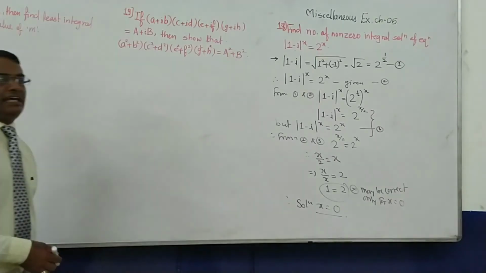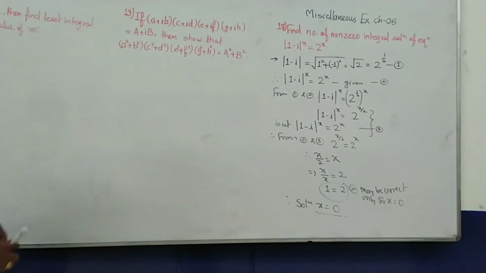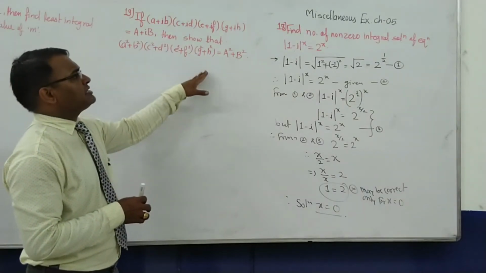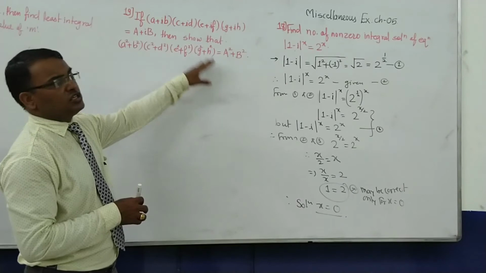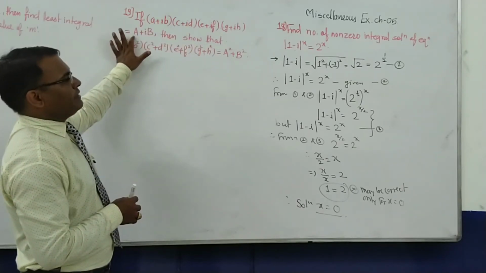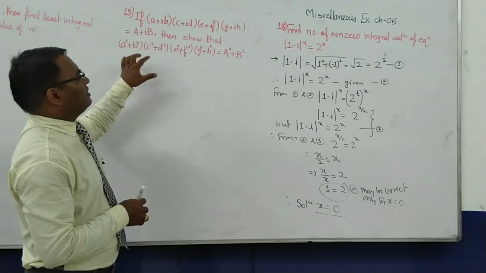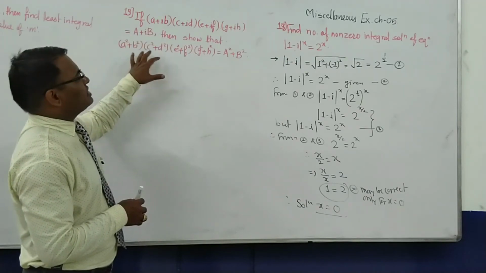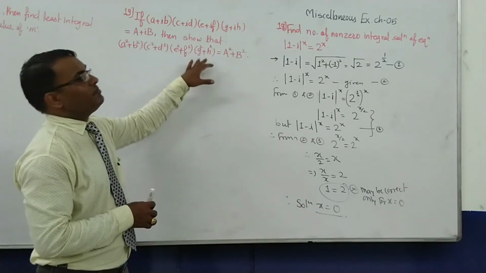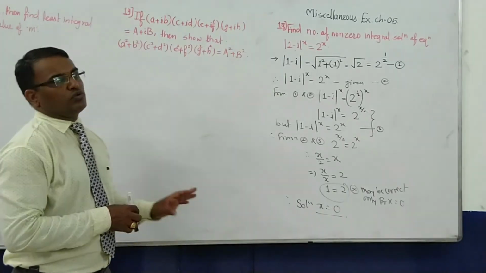Now the next sum. What is the next sum? Let z1, z2, z3, z4 be a plus ib, c plus id, e plus if, g plus ih, and suppose their product z1 z2 z3 z4 is equal to a plus ib. Then show that (a square plus b square)(c square plus d square)(e square plus f square)(g square plus h square) is equal to a square plus b square.